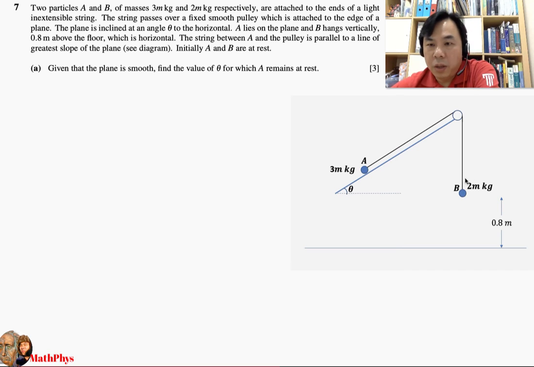Now let's look at particle B here. The force acting on B is its weight, of course. That will be given by 2mg, where we assume g is 10 newtons per kg in this case. And then there is tension acting here. Because the pulley is smooth, this part of the tension must be the same.